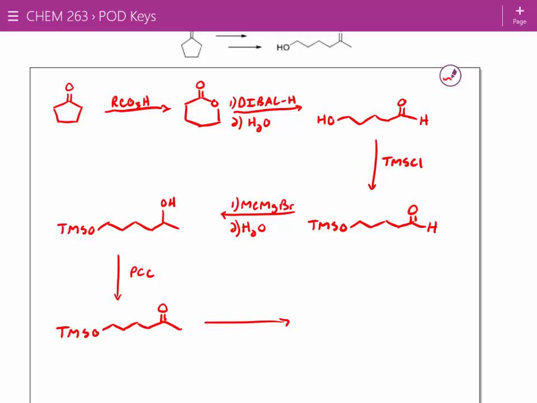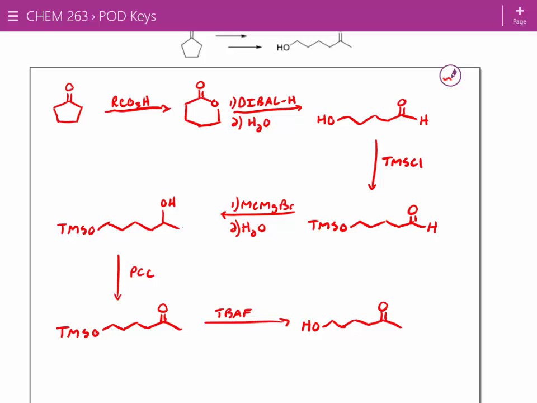We need to remove our protecting group. So as we get closer to the ACS exam, I'm going to be pulling reactions from previous chapters and previous terms. So in this case, I wanted you guys to remember protecting group strategies and Baeyer-Villiger oxidation.